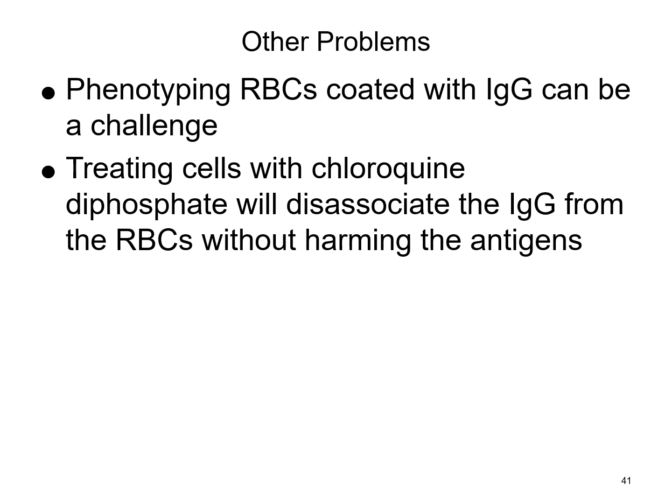Well, if the particular phenotype reagent goes through an AHG phase, then obviously you're going to get a positive reaction because of that DAT being positive. Treating cells with chloroquine diphosphate will dissociate the IgG from the red blood cells without actually harming the antigens.